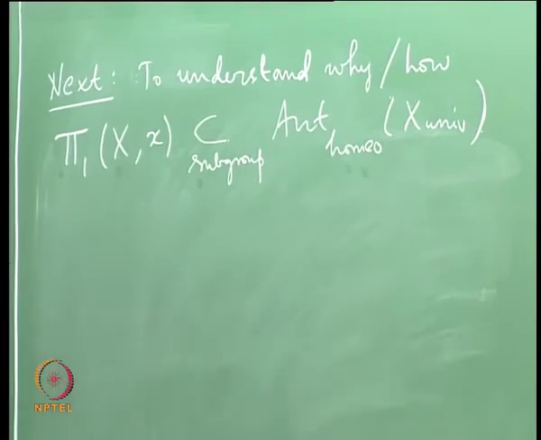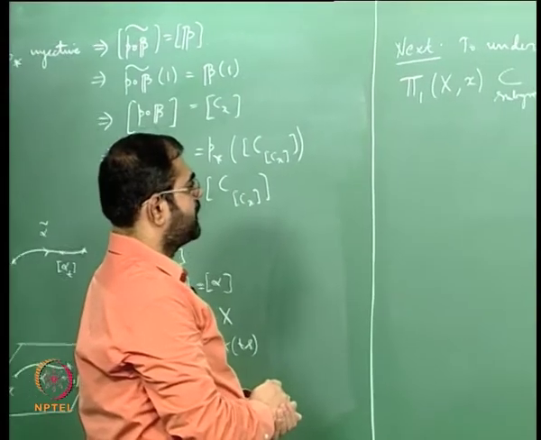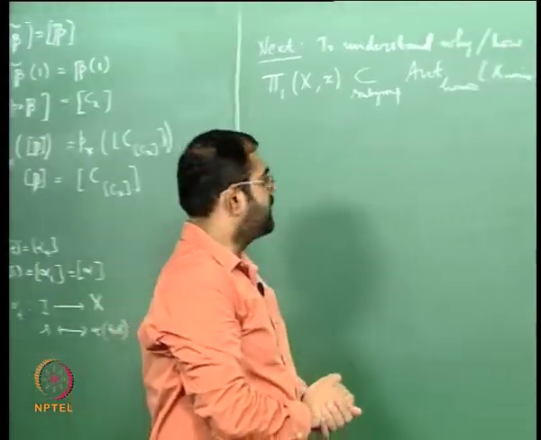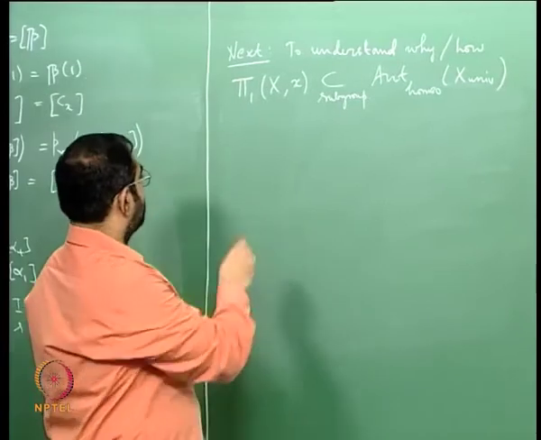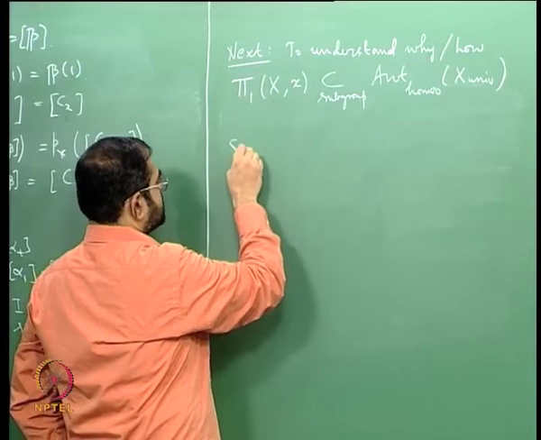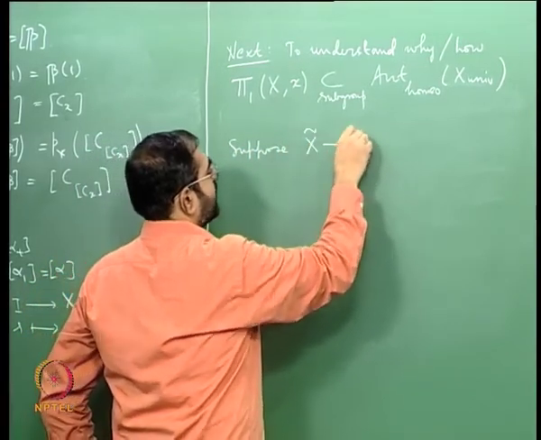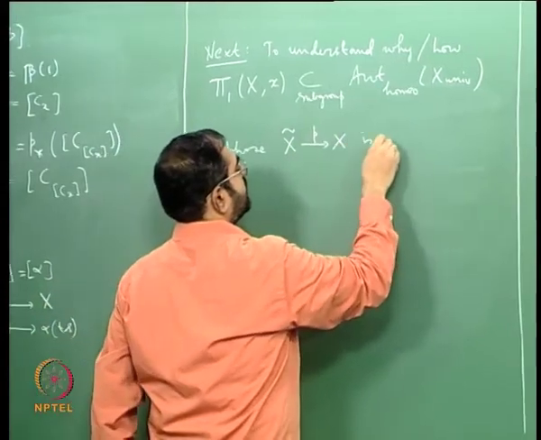Okay. So for this one has to go through a small construction. So we will do the following thing. Suppose x tilde to x, p tilde, is a covering space.